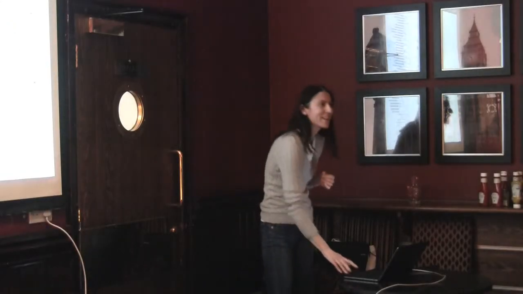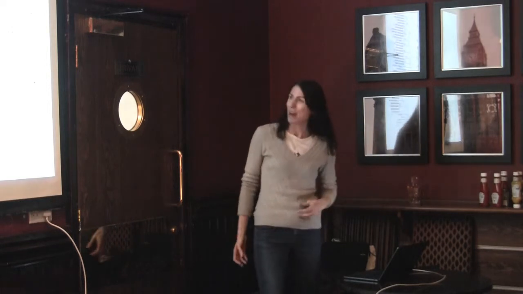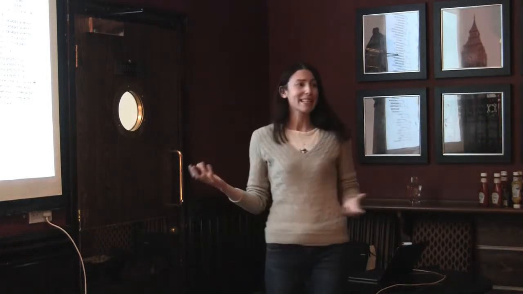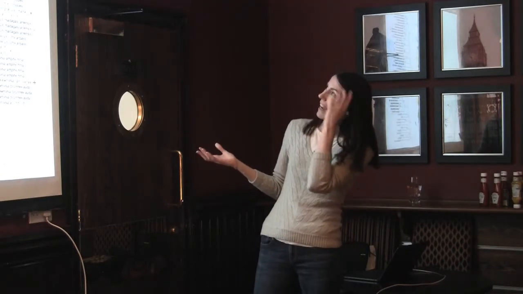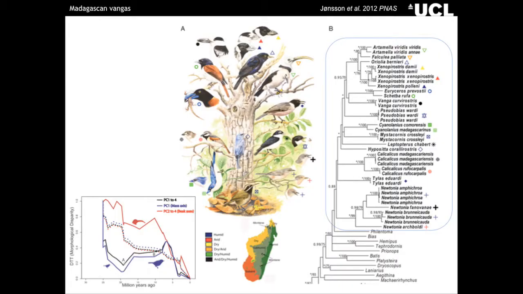And then finally, one last example, because I'm talking to bird-orientated people, and this is actually one of my favourite examples of adaptive radiation. These are the Madagascan vangas, and this is a paper that came out in 2012. It has this lovely figure in the paper. You can clearly see these different bill shapes, obviously all relating to different diets.